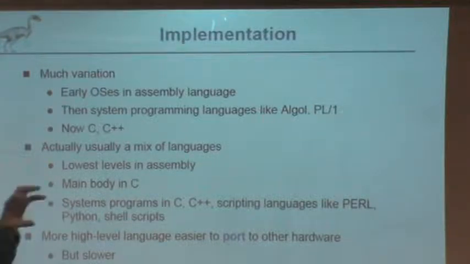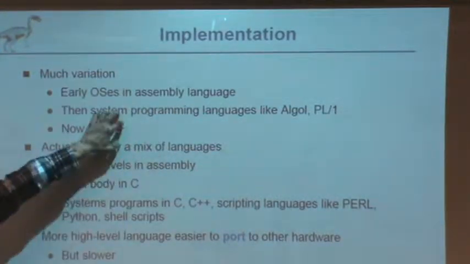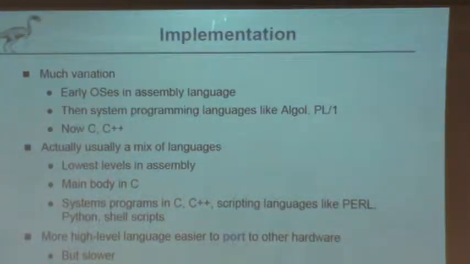Only the core part is directly implemented in assembly. The other, usually C or C++, is roughly 20 to 80%. 20% is assembly, and the others are high-level languages like C. High-level language does not mean a very high-level language like Java being considered for the operating system, but mostly C or C++.